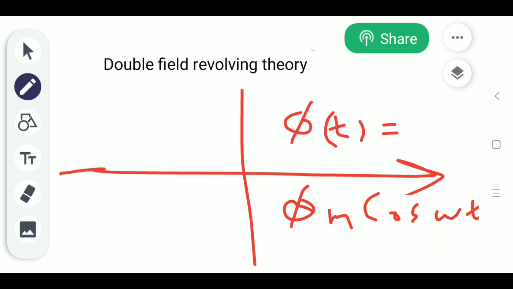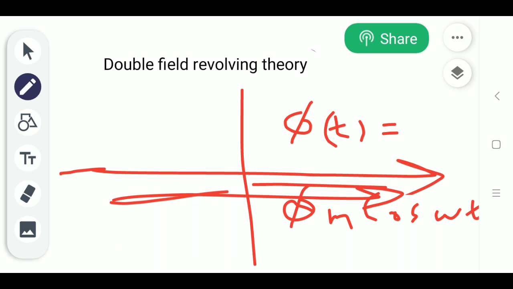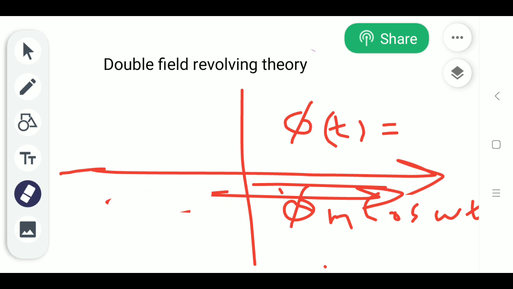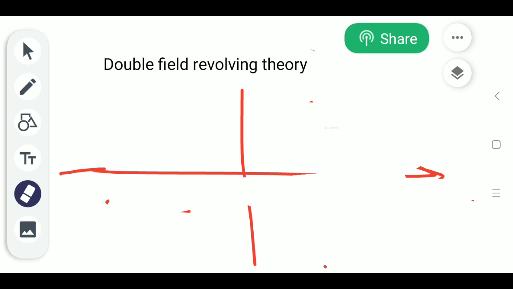So this gives some indication. So let us see what is happening. Phi m cos omega t is a sinusoidal quantity, whose values are changing along one axis, the horizontal axis. Now we want to split this into two quantities.